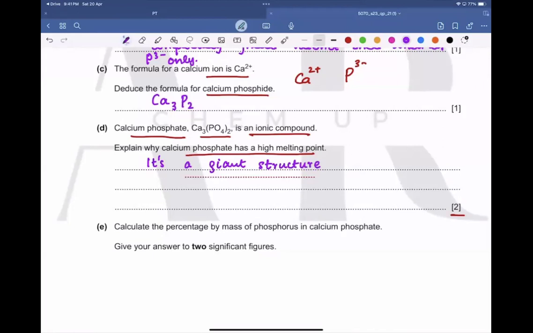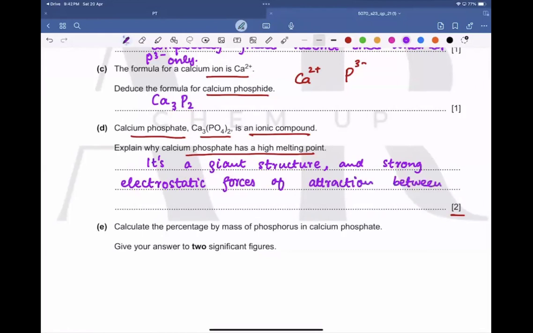Yes. And then you will write strong electrostatic forces of attraction between oppositely charged ions.